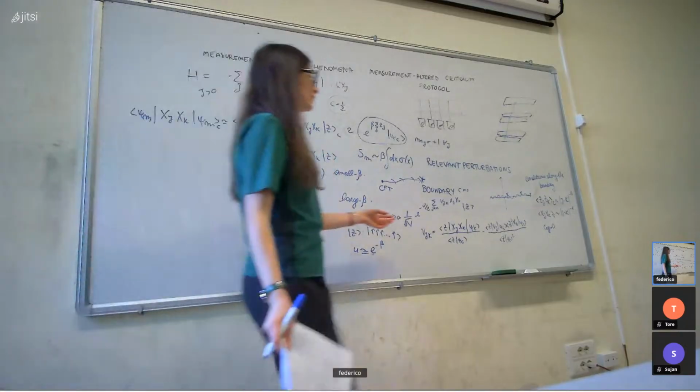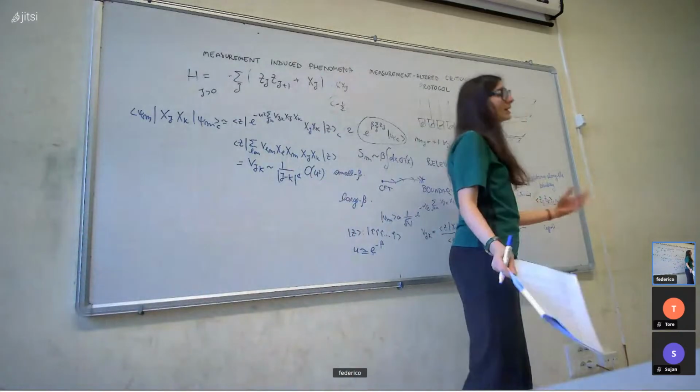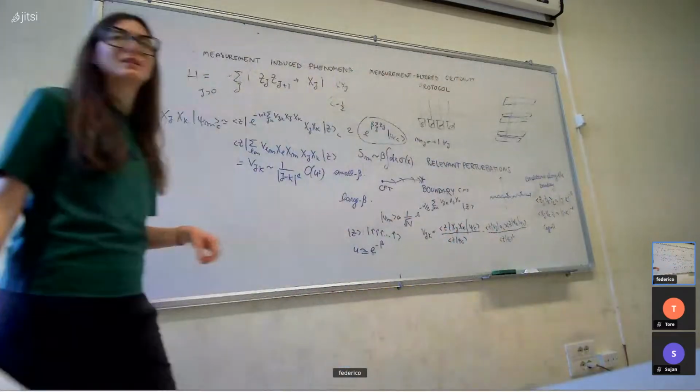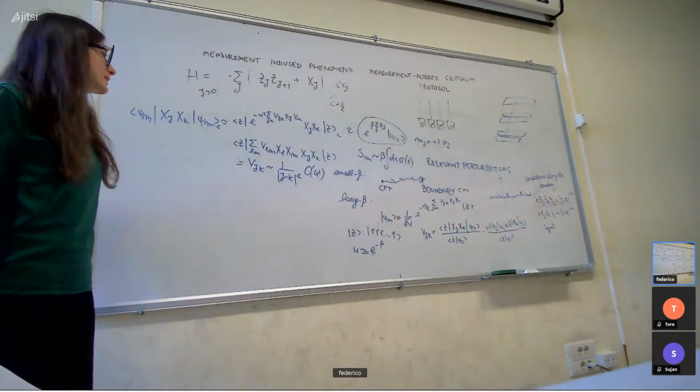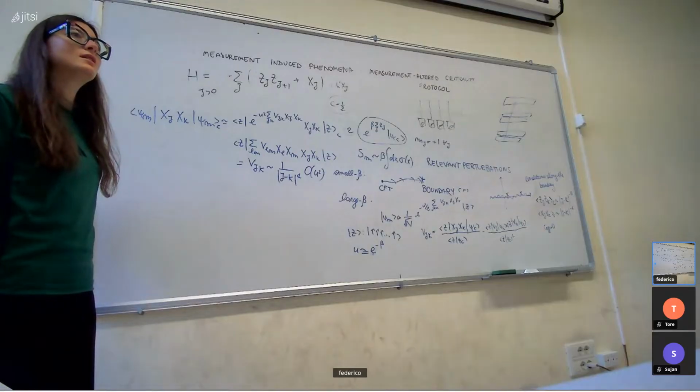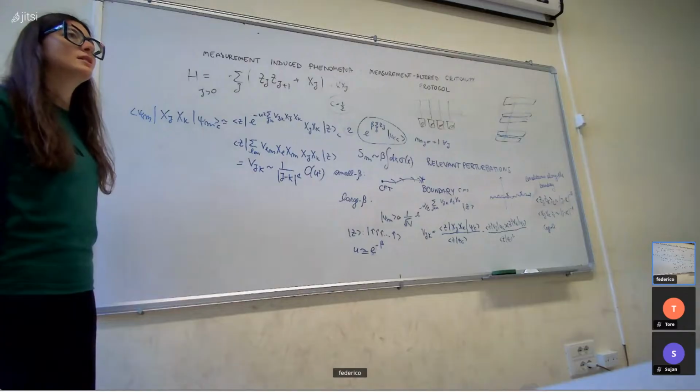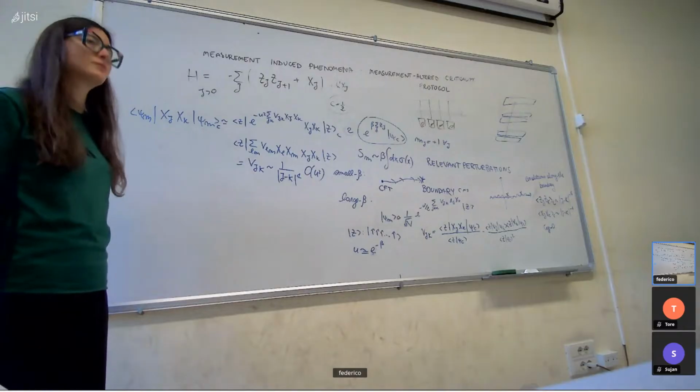And also the fact that we know that this should be the result. And here, if we did minus beta, or beta going to minus infinity, it would give the same because of the symmetry.